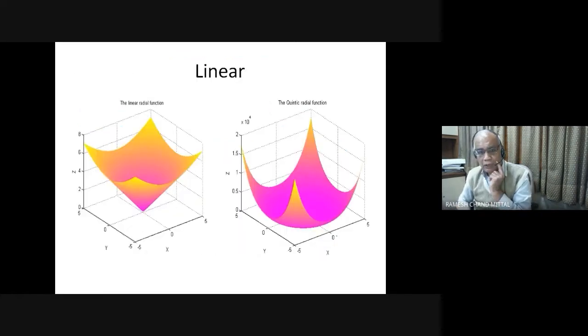If you see some of the functions, they typically have the property that they are concentrating to a single point, and as you go away, things become wider or lesser depending on the parameter I use. So this is your linear radial basis function, phi r equal to r. This is quintic, that is phi r equal to r5.